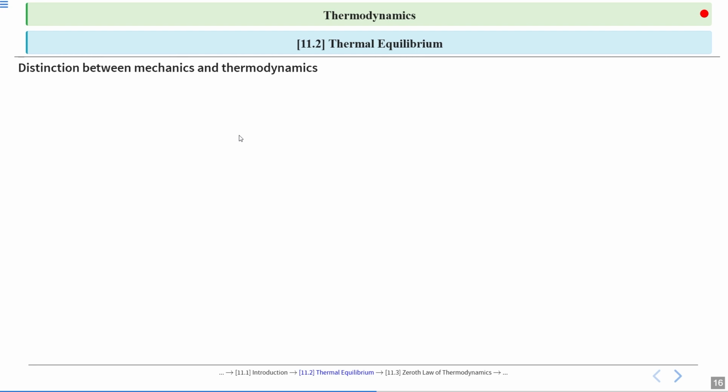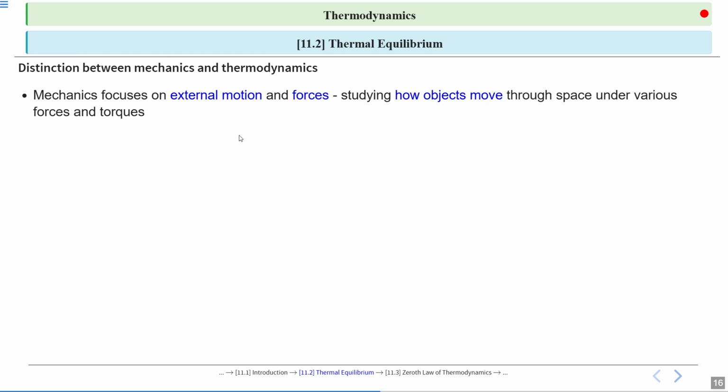Distinction between mechanics and thermodynamics. In mechanics we focus on external motion and forces. Yes or no?